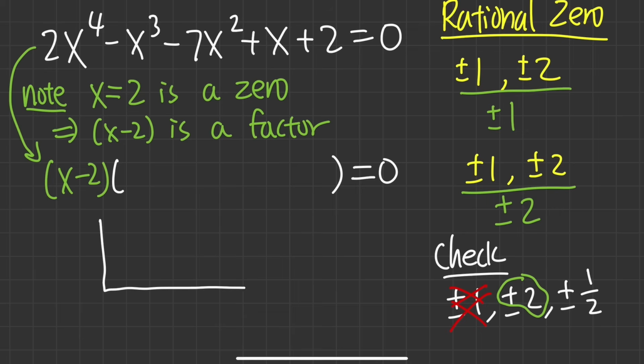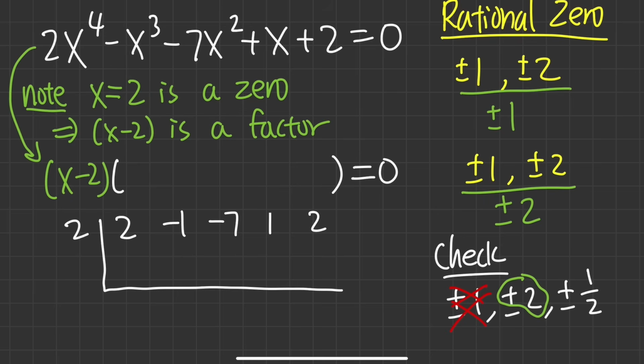So let's write down the coefficients. 2x to the 4th power minus 1x to the 3rd power minus 7x to the 2nd power plus 1x to the 1st power and 2. Now, since x is equal to 2 is a solution, we are going to use this 2 right here, put it here, and then just proceed.